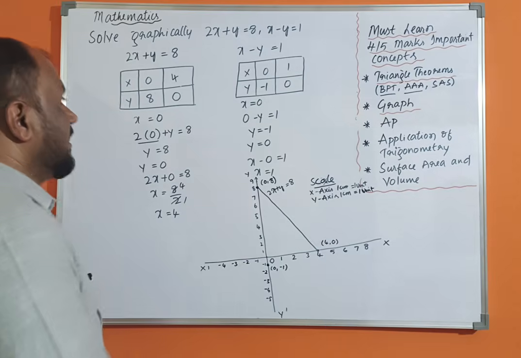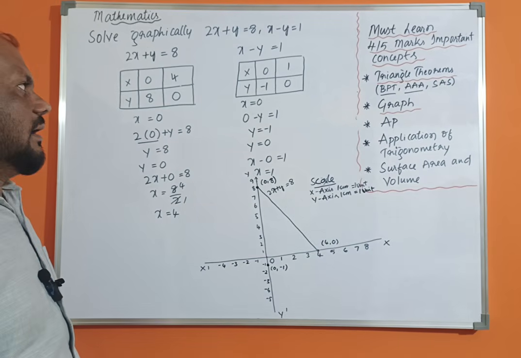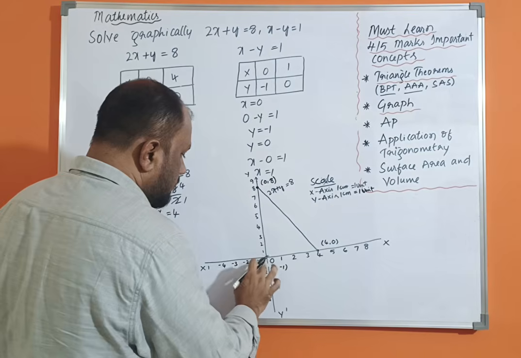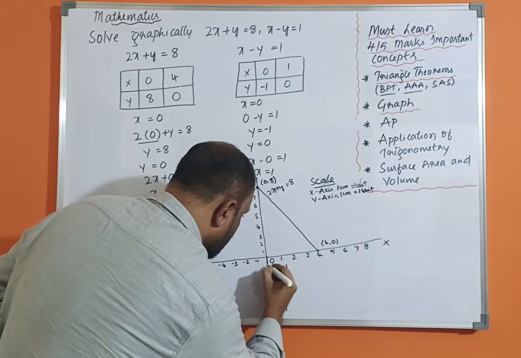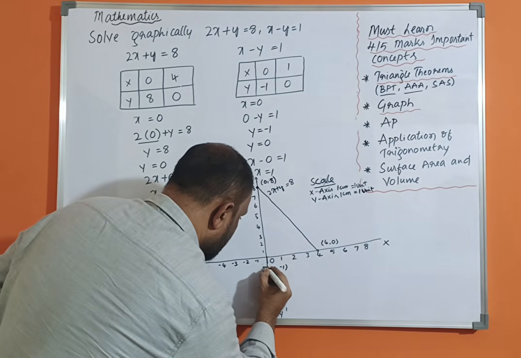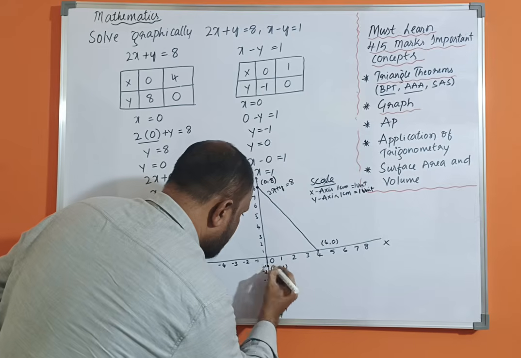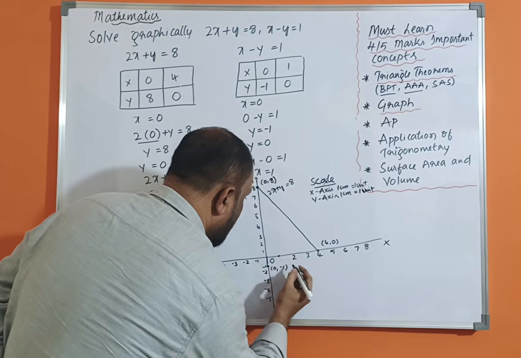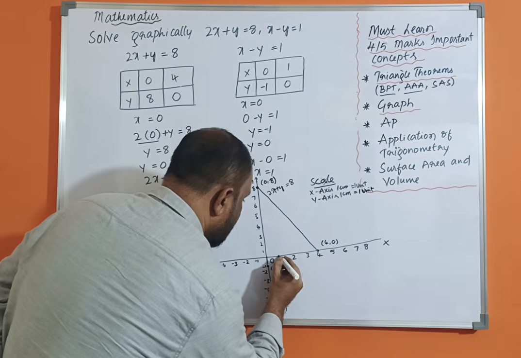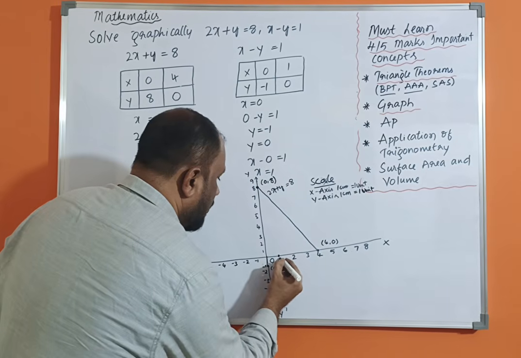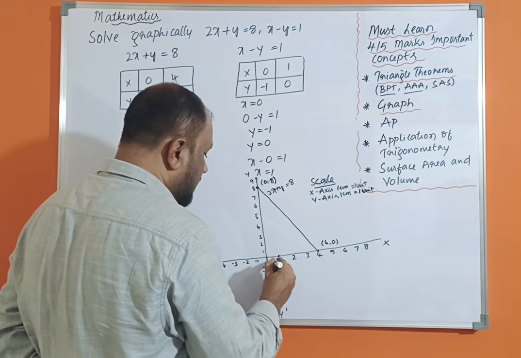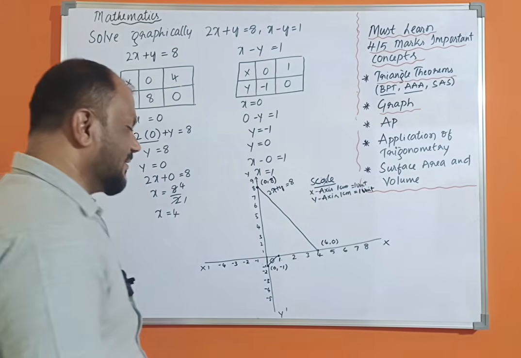Then if x is equal to 1, y is equal to 0. This is the point, x is equal to 1 and y is 0 there only. So join these two. See, our lines are not intersecting.